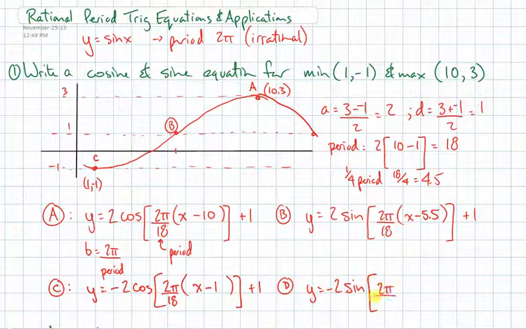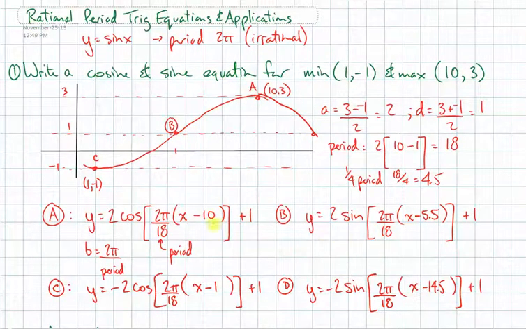Most of the details remain the same. It's only the phase shift that's going to vary. Now this is 4.5 units from 10, so 14.5. And that 4.5 units was a quarter period, because that's how I break up my 4 quadrants, representing rise from mean to max, max to mean, mean to min, and min back up to mean.